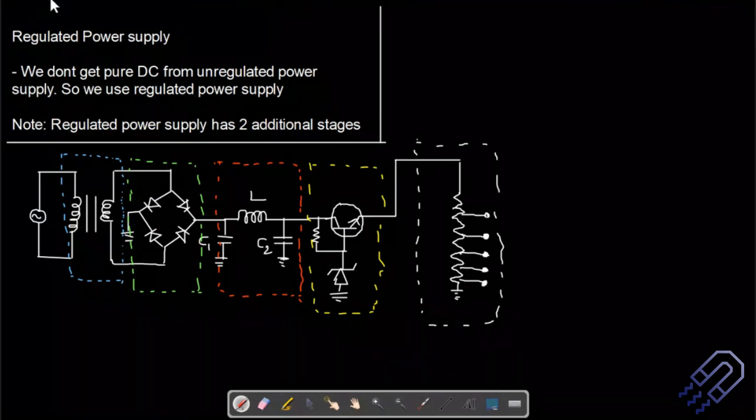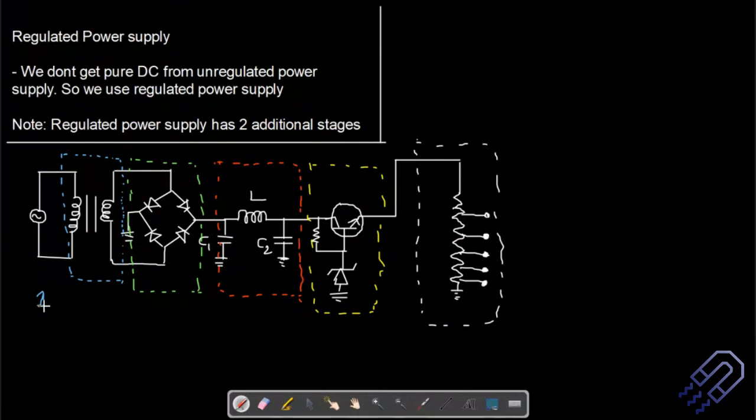The first stage is basically the transformer. The second stage is basically nothing but the rectifier.